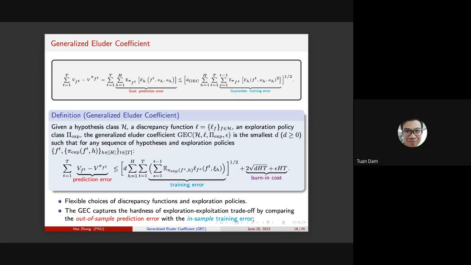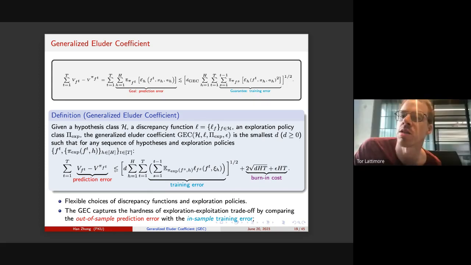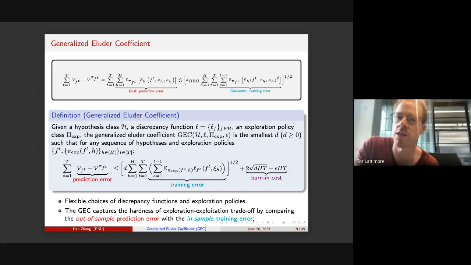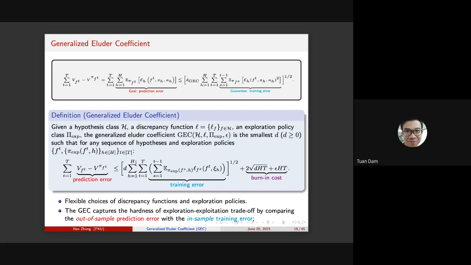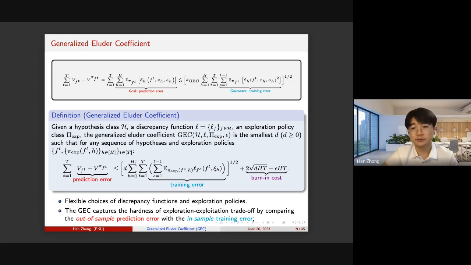Here is the definition of the DEC constant. Is it true that it could be a constant for the historical data, or it could also depend on T and H? Your audio is a little bit hard to hear, Tuan, but I can ask the question. The question is whether or not it could depend on T and H, and is maybe not a constant. I think you're going to say that H is a constant, right? Yeah, H is a constant.